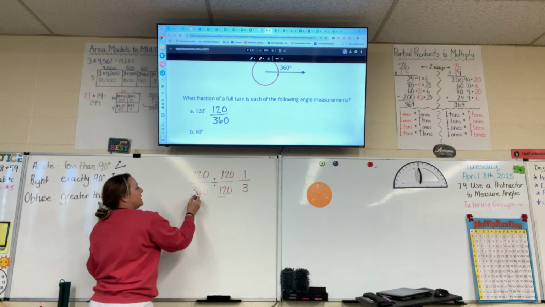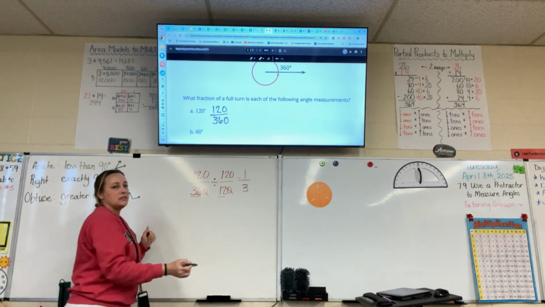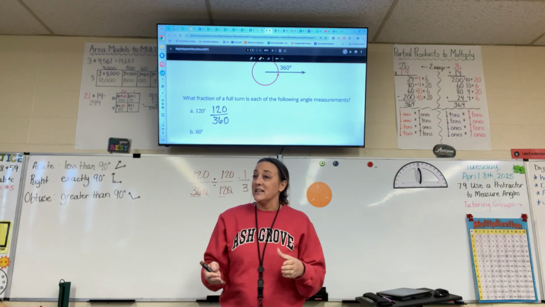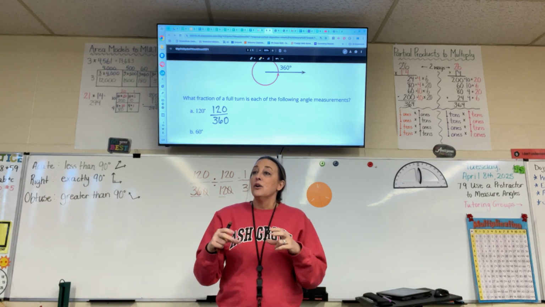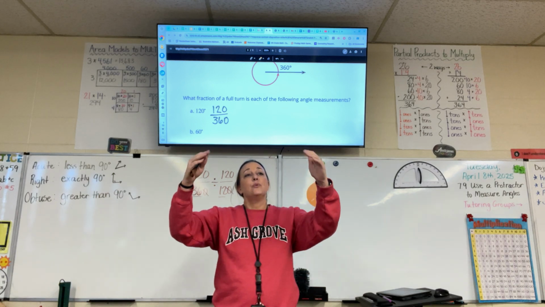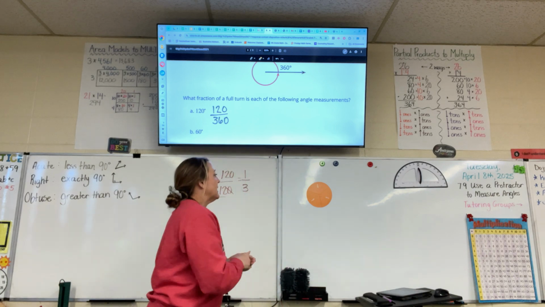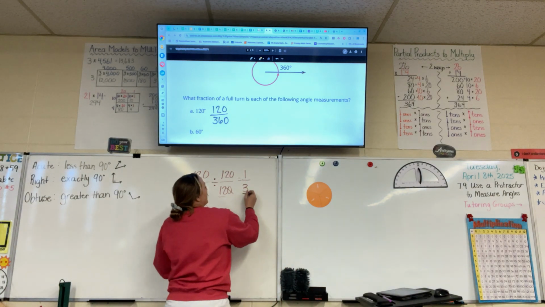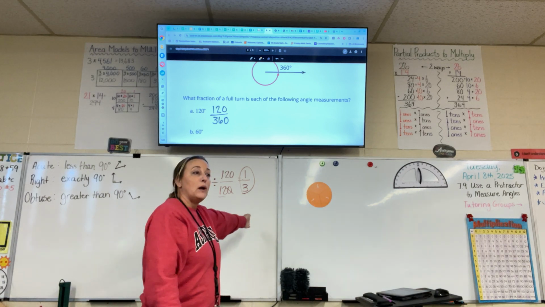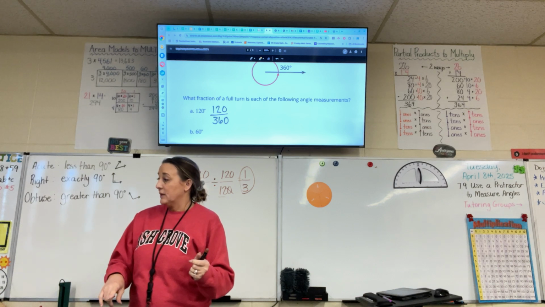But since we're dividing, we say I've got 1 0 here, and that cancels out this 1 0 here. So that means that in 360, there are 3 groups of 120, right? 120 plus 120 plus 120 is 360. So 1/3, if a ray travels 120 degrees, it has traveled 1/3 of the full circle, okay?